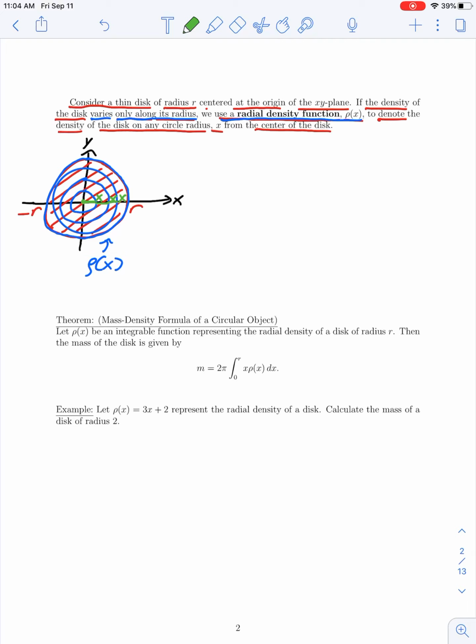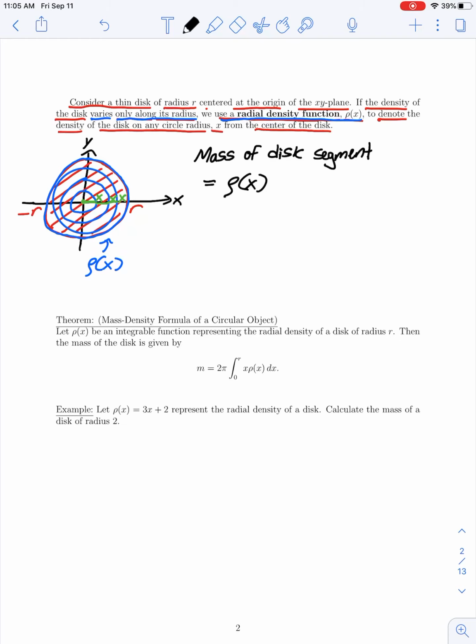So to find the mass of our disk on this one particular circle, so we could say the mass of the disk segment, well, we could take our radial density function, which is rho of x, that would give the mass per unit length along this circle or around this circle.